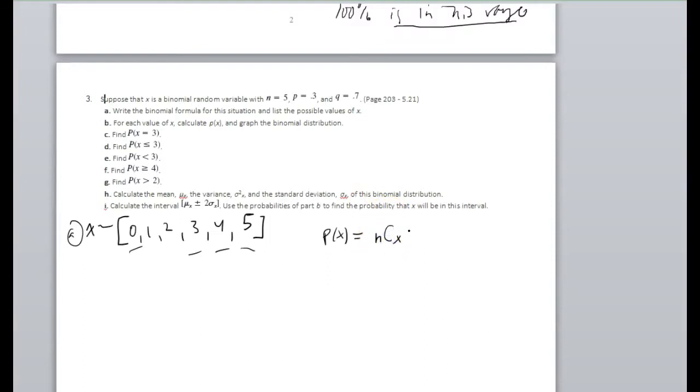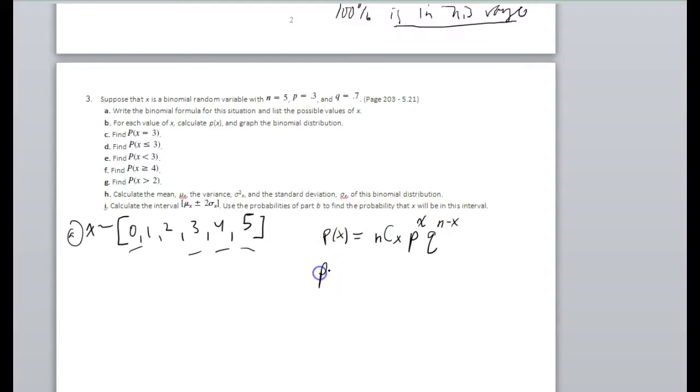I'm not going to write out the crazy formula, n factorial over x factorial times n minus x factorial, so we can just represent that as n choose x, times p, the probability of success, to the number of successes, times q, the probability of failure, to the number of failures. That would be the total number of trials minus the number of successes, n being the total number of trials, x being the number of successes.